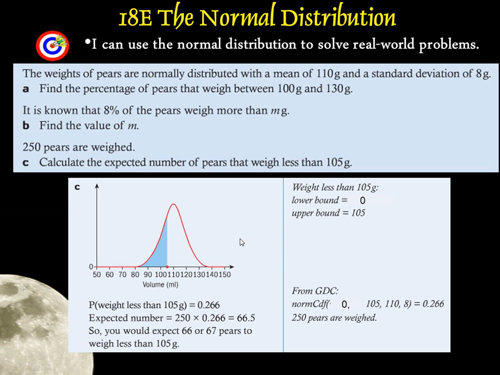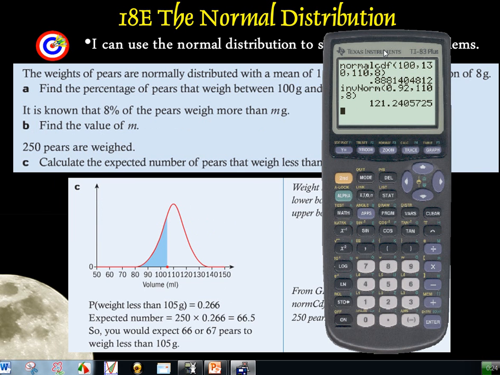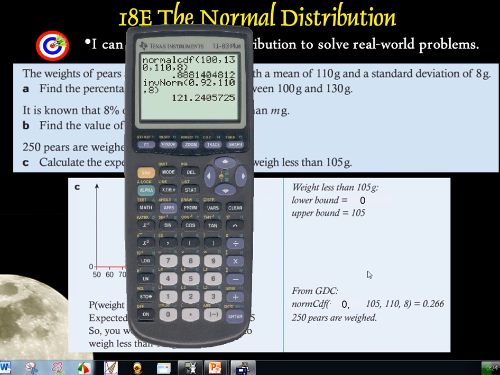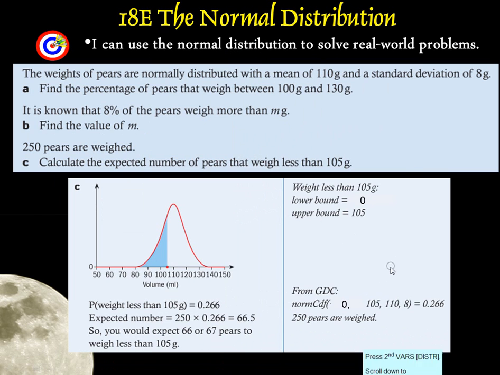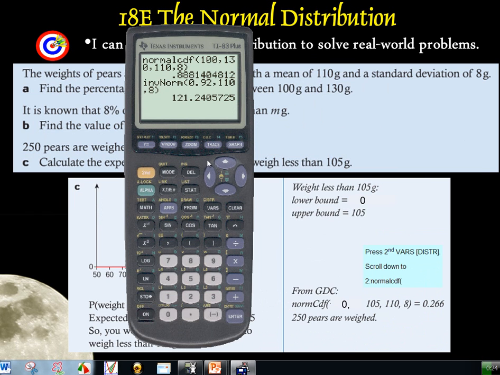Now we pull up our graphing calculator. I think more people have the 83, so I'm going to use that. Let's clear that out so it doesn't look too confusing. We're going back into 2nd, Vars, and going to normalcdf again.